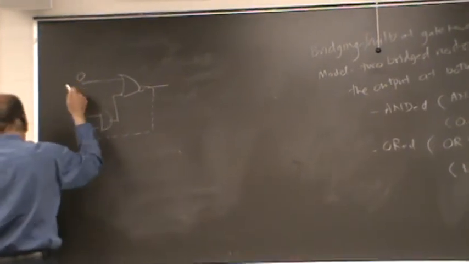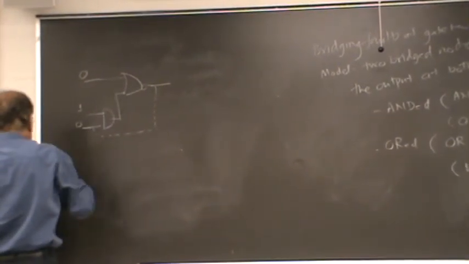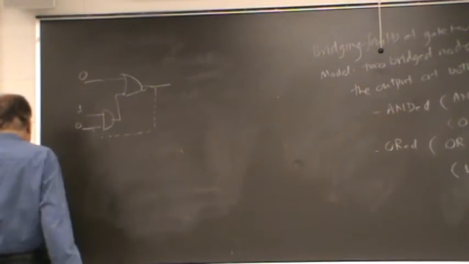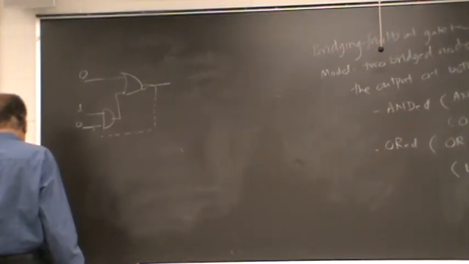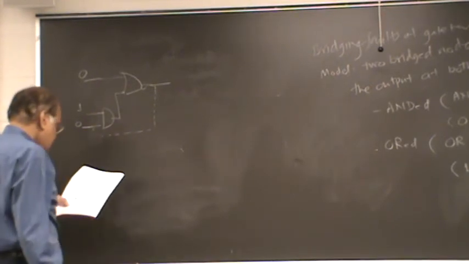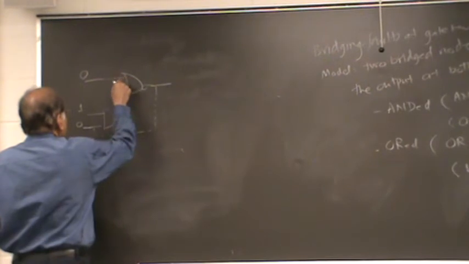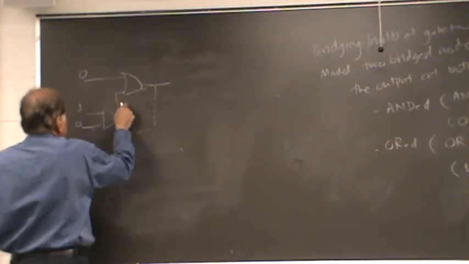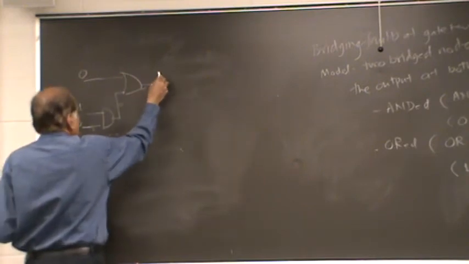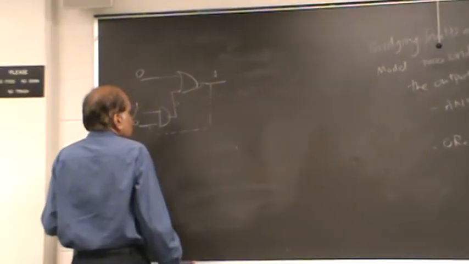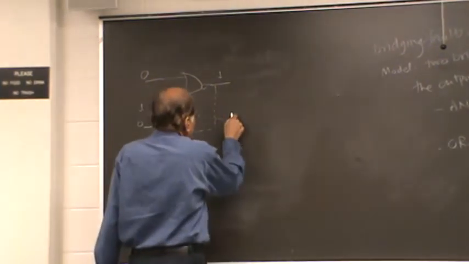Normally the output would be, this is 1, so this is 0, and this is 0, so this would be 1. This is what it would be normally. But let us assume that here we have AND bridging.